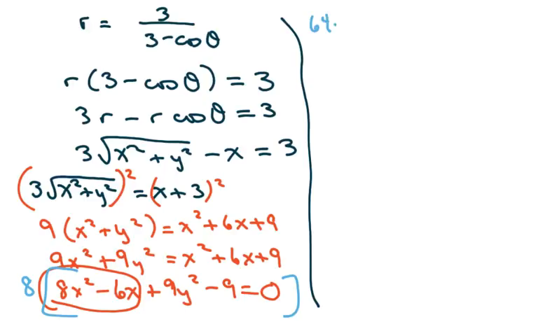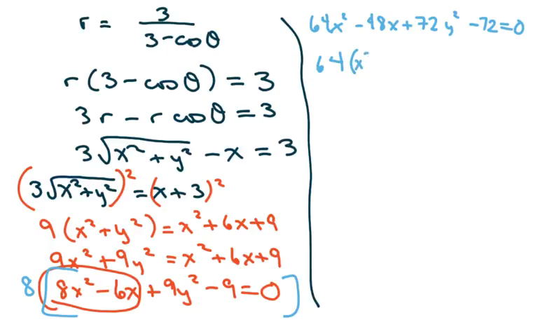So I'm going to get 64x squared minus 48x plus 72y squared minus 72 equals 0. And then what I'm going to do is factor out the 64, and this is a different way than completing the square.